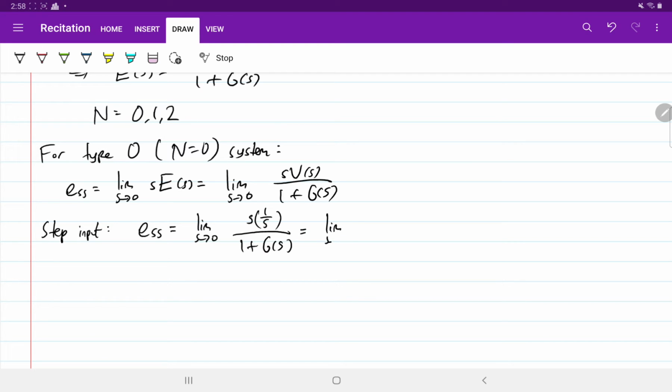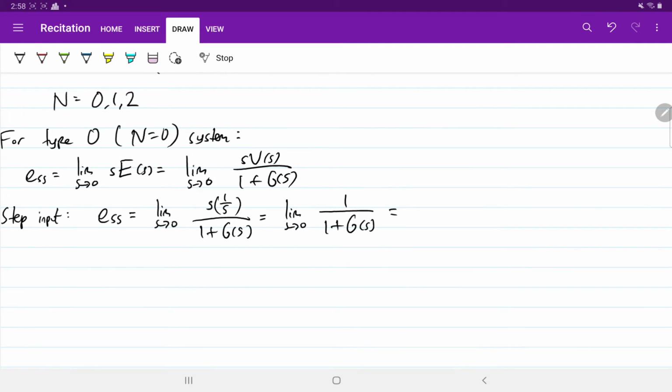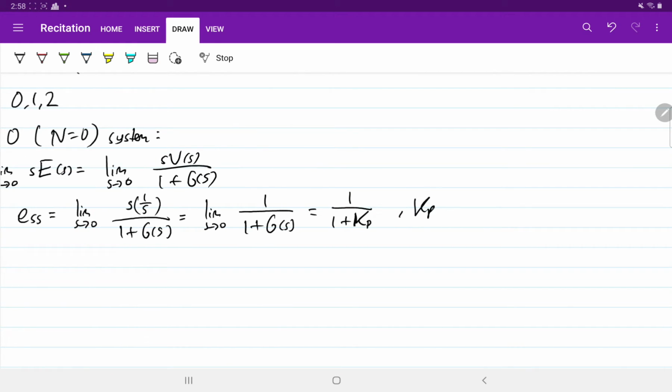So limit s to 0, 1 over 1 plus g of s. And if I define this way, kp, then kp is limit s to 0 g of s.